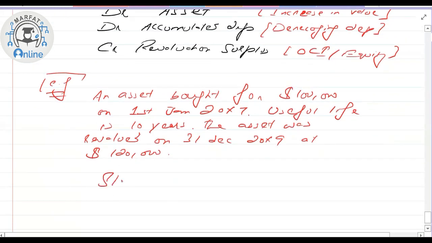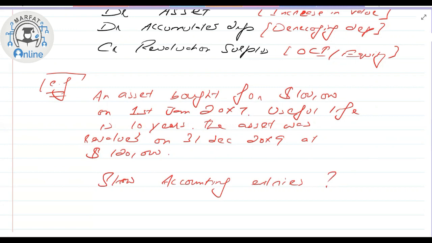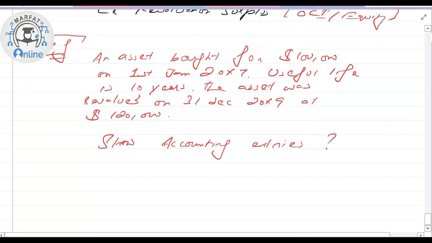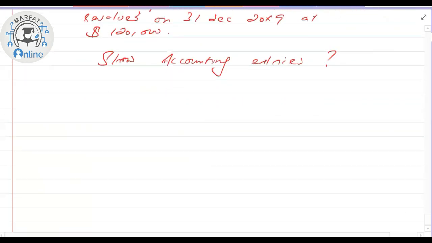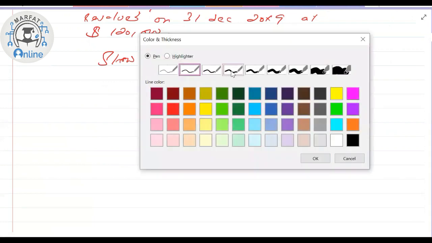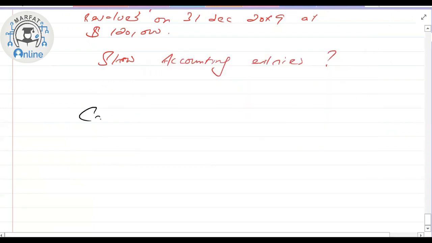So show accounting entries. An asset bought for 100,000 on 1st January 2007. Useful life is 10 years. The asset was revalued. Now I told you that whenever we are doing the revaluation, we need the carrying value at revaluation date.